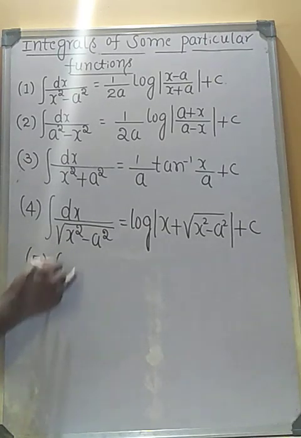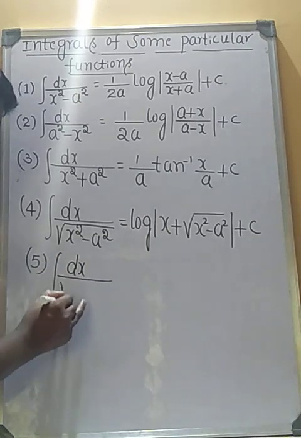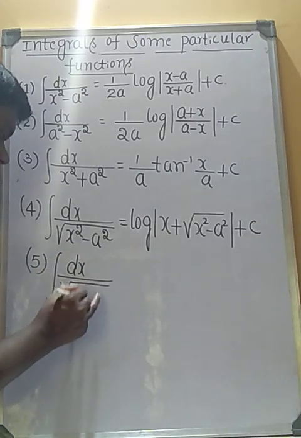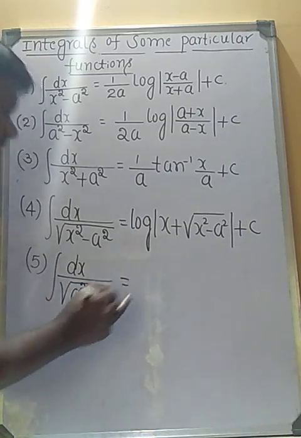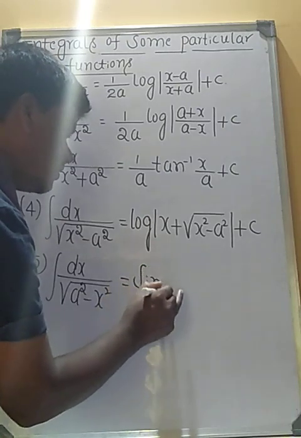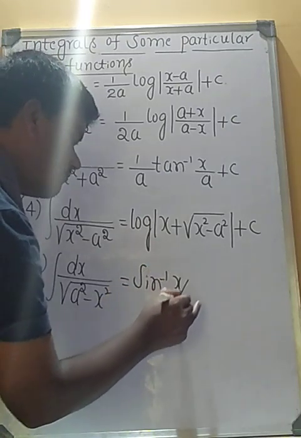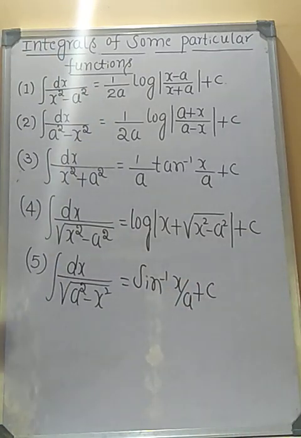Fifth one, integral of dx divided by root of a square minus x square is equal to sine inverse of x by a plus c.